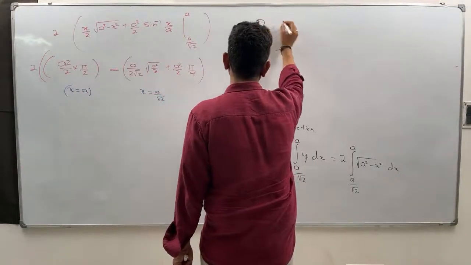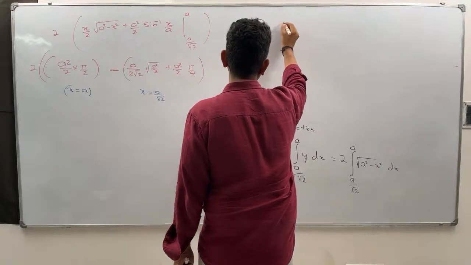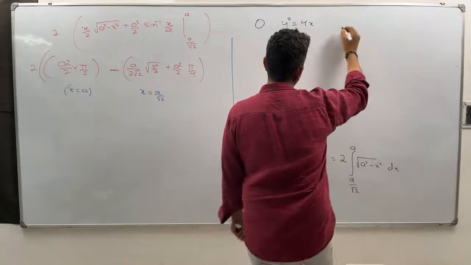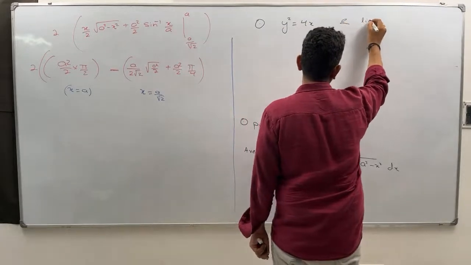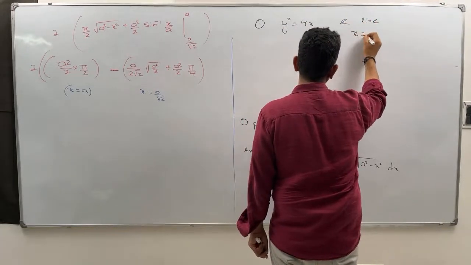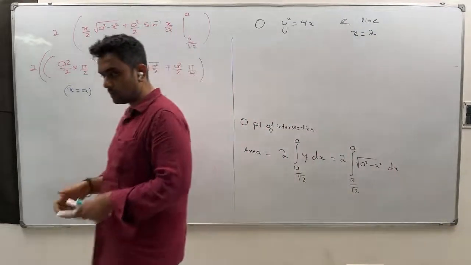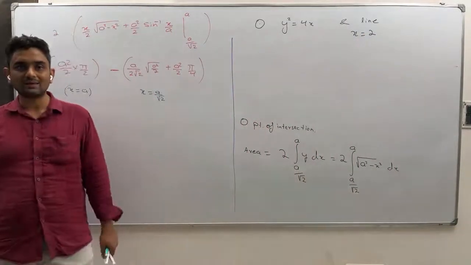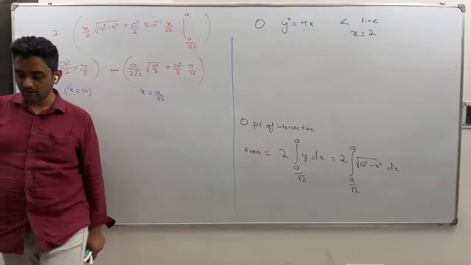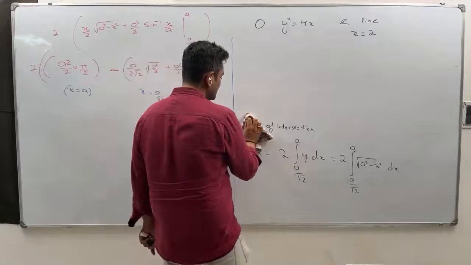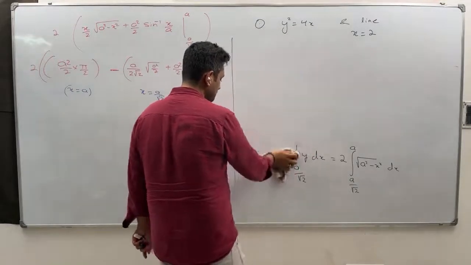Let's say we want to find the area bounded by the parabola y square equal to 4x and the line x equal to 2. We want to find the area bounded by these two curves, the parabola and the line. The first thing is always you need to draw a rough diagram. So try to draw it.